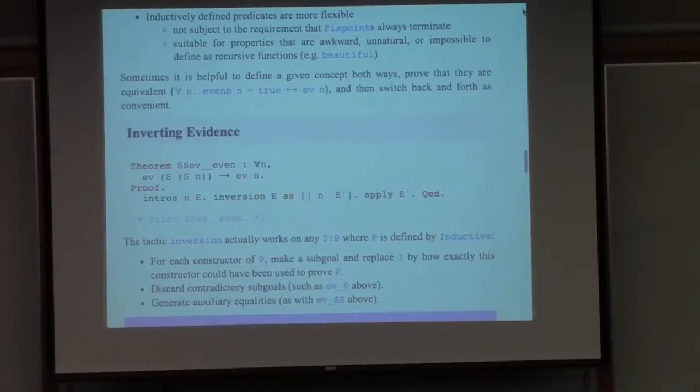So canonical forms lemmas usually get, that term usually gets applied to a slightly different kind of lemma. It's a similar thing, but it's a little bit more than just look at the ways that this could have been built.